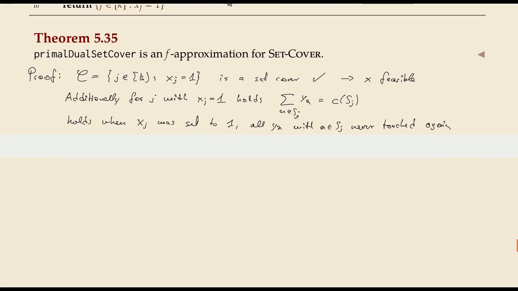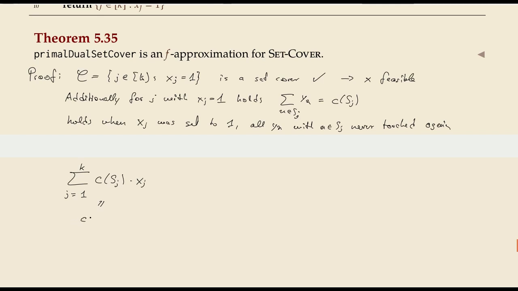Okay. This means if we sum over all the sets and sum up their costs times xj, so this is the value of the cost of our solution.